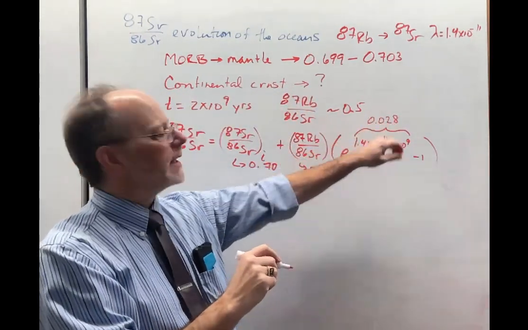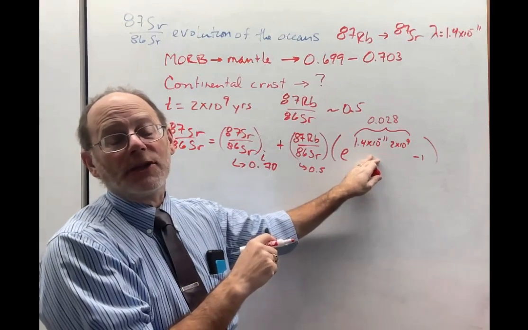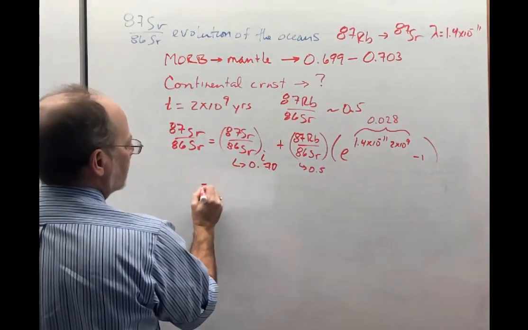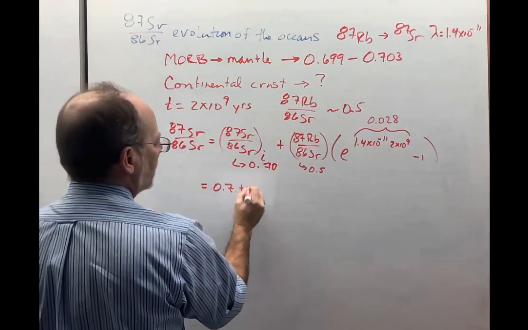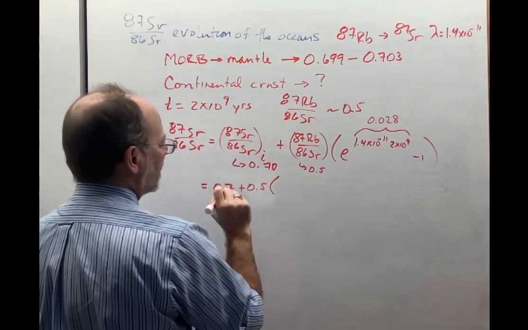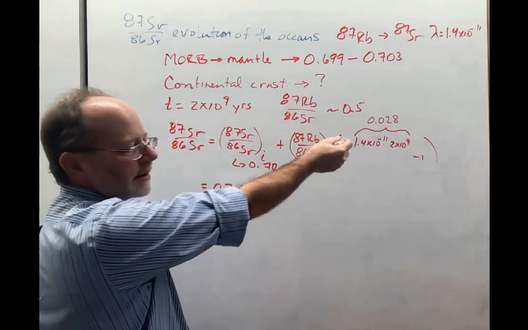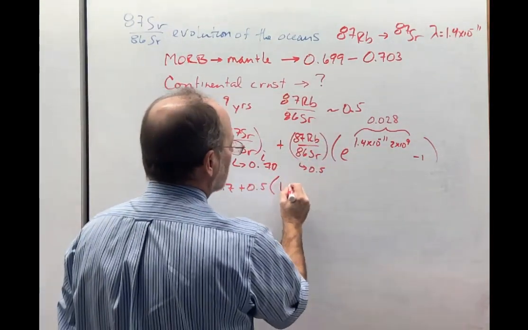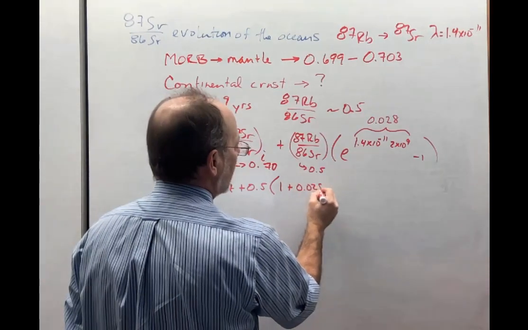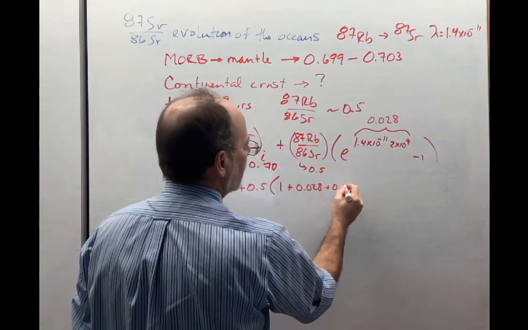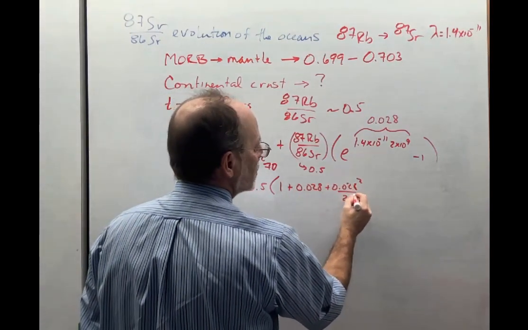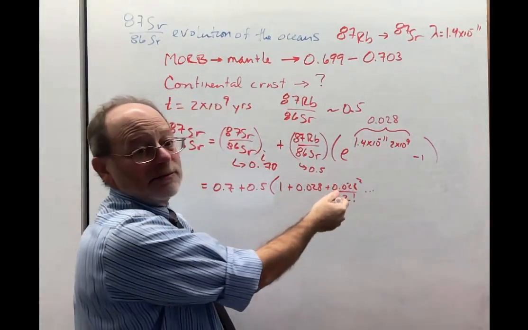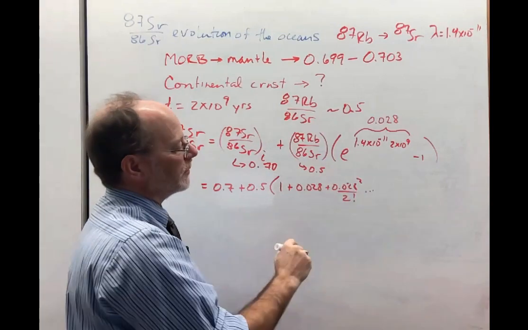And this is a small number. So we're going to play a little trick here. We're going to expand the exponential as a Taylor series, okay? So now this is going to be equal to 0.7 plus 0.5 times the Taylor series on an exponential of a small number, which is going to be 1 plus 0.028 plus 0.028 squared over 2 factorial. We're not going to carry out the other terms. You can see these are getting pretty small, and so those numbers are not going to matter.